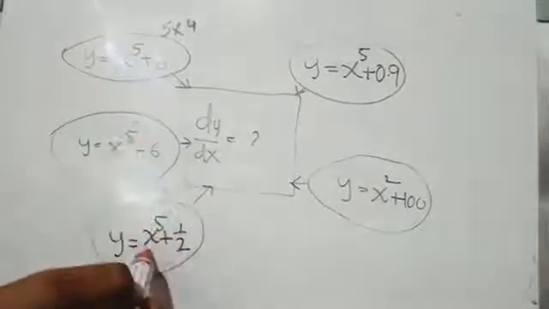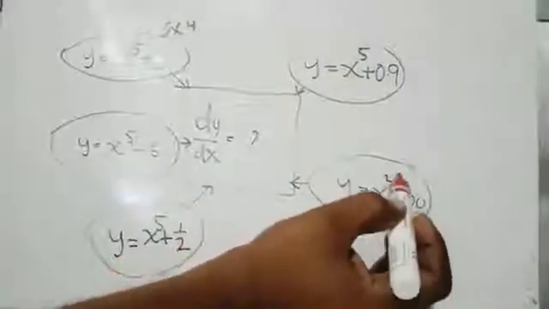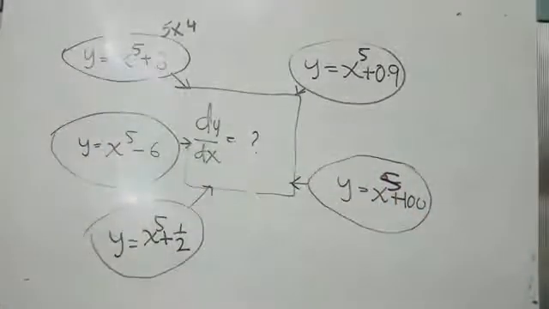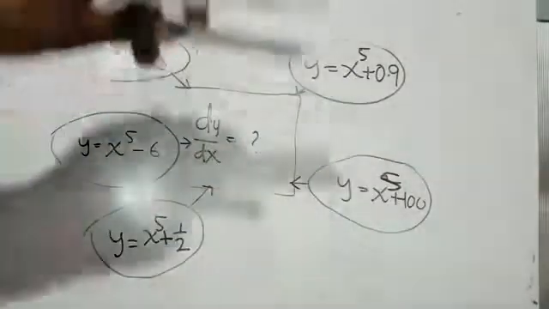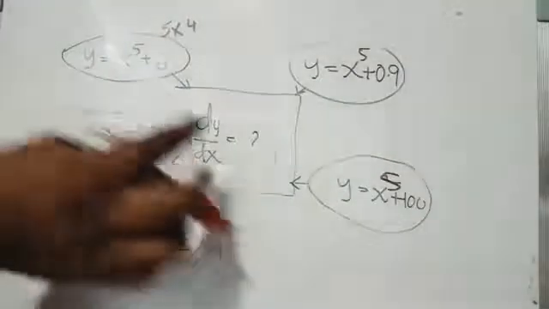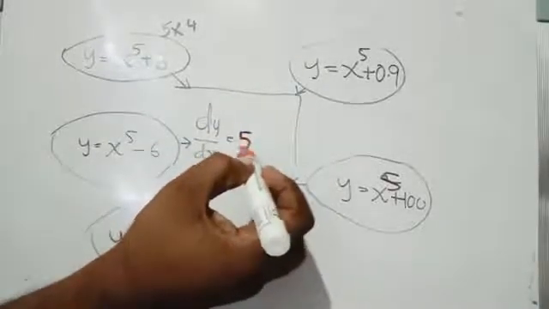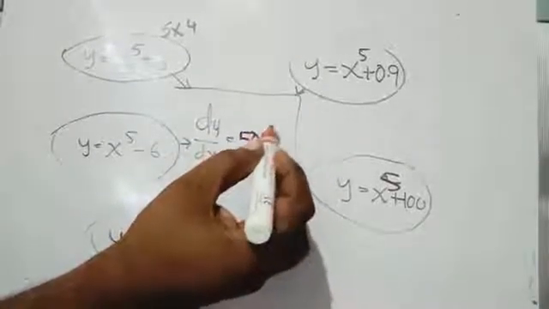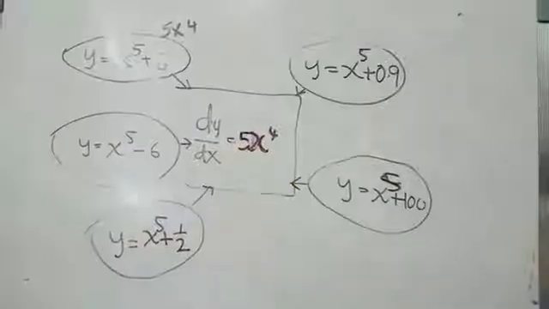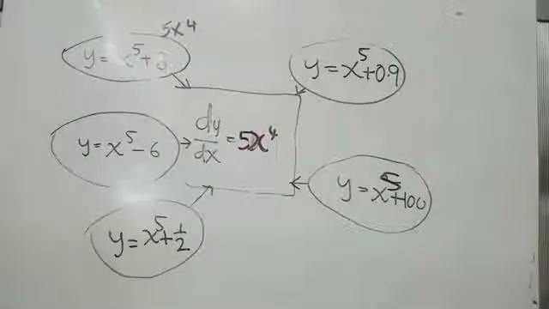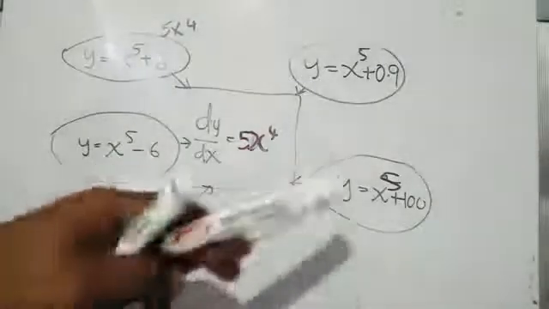What's the derivative of this? 5x raised to 4. Sorry, this is 5. So when you consider all these 5 functions, they all give the same differentiated answer. What is that? 5x raised to 4. 5x raised to 4 is the derivative of all these 5 functions.